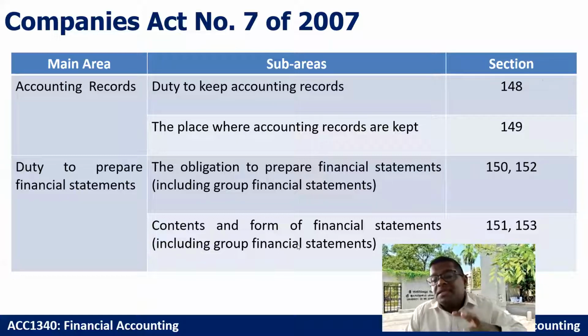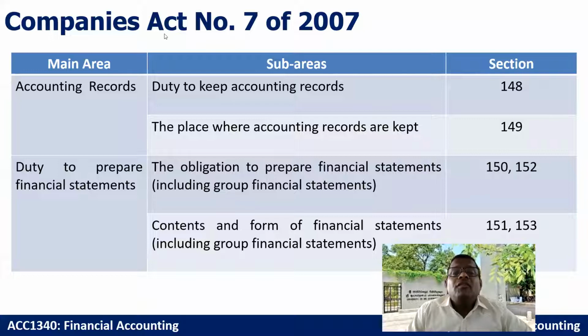But these are in summary form. If you want to understand what contents are to be included, you need to study the relevant accounting standard in detail. But the Companies Act just guides you, directs you on what to include in financial statements under 151 and 153. Are you clear? Sub areas.